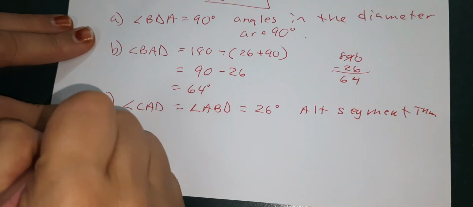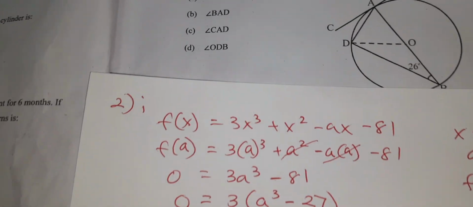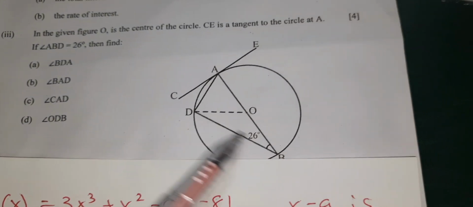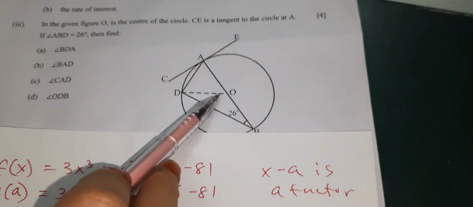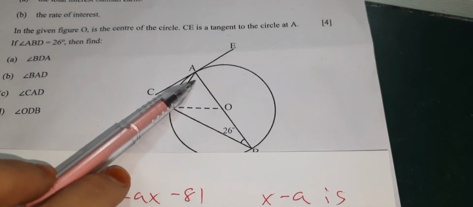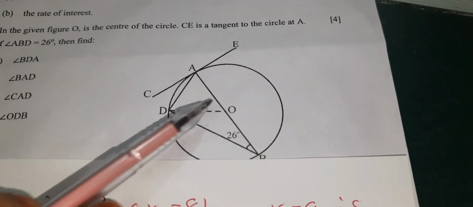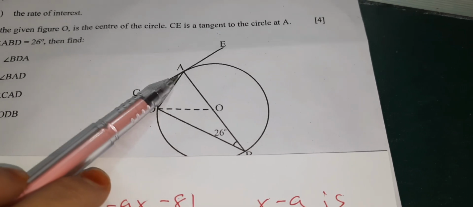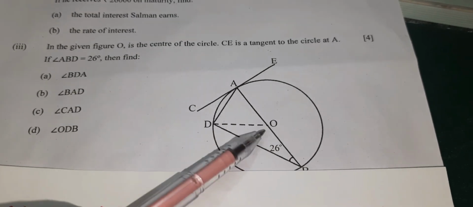Now that was simple. Next, angle ODB. For ODB, you have to figure out what this central angle is. We figured out last DAB. So angle DAB was 64. So angle DOB will be twice 64, because the angle at the center is twice the angle at the circumference.